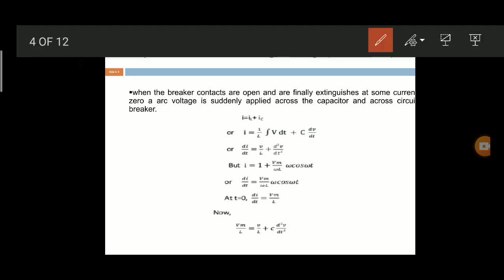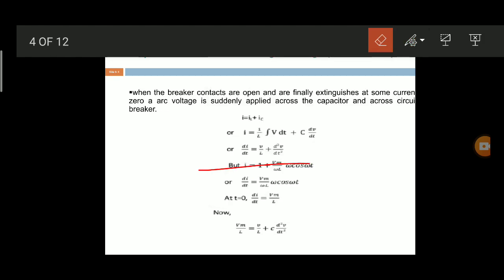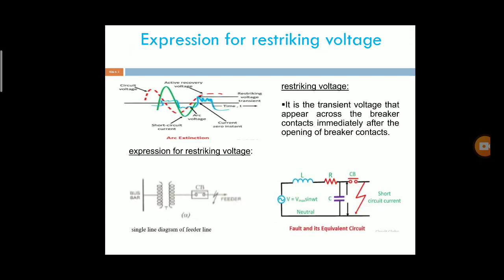Next, coming to the expression where I equal to IL plus IC. In that circuit the inductance and capacitance values are added.